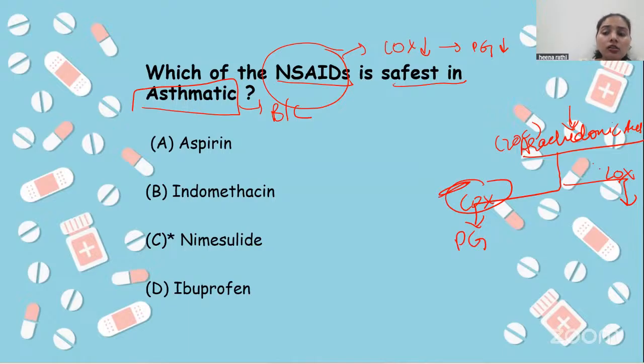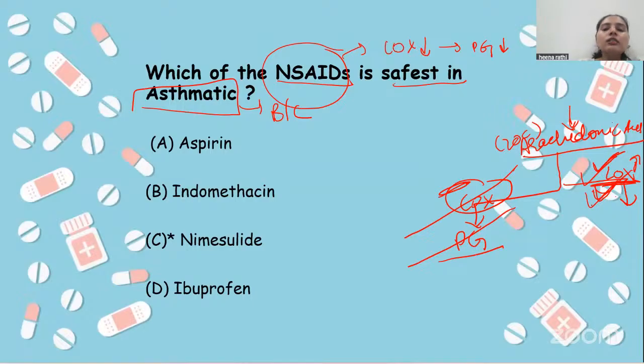In asthma, the lipoxygenase enzyme is already increased, because leukotrienes are the inflammatory mediators which are secreted during asthma. If we inhibit prostaglandin, that is, if the COX enzyme is inhibited, then the lipoxygenase pathway is going to be increased. In that case, it will cause more bronchoconstriction in the person.